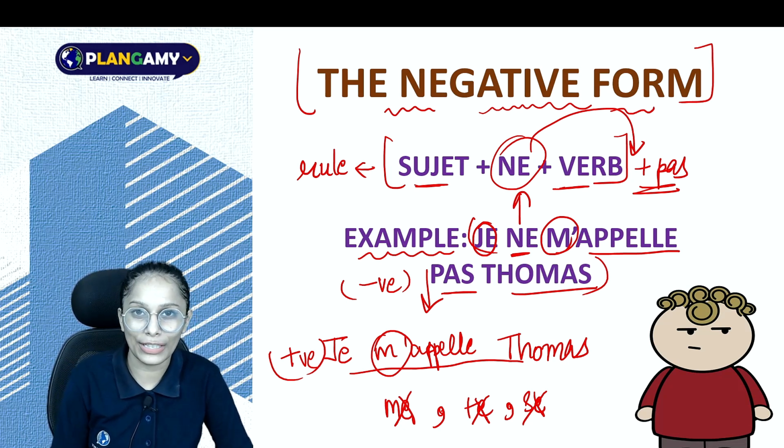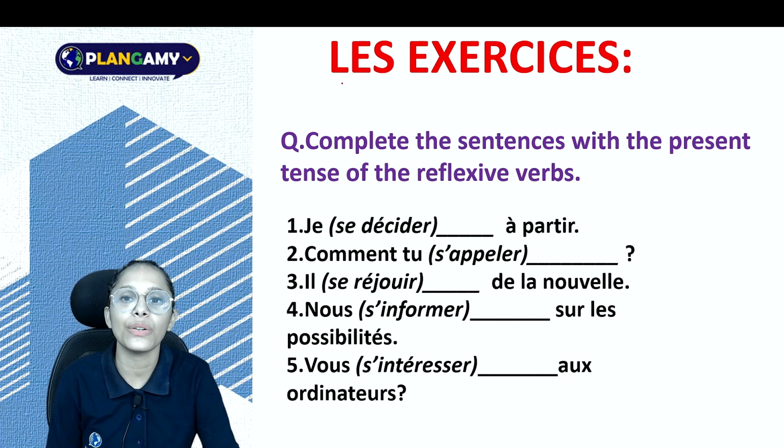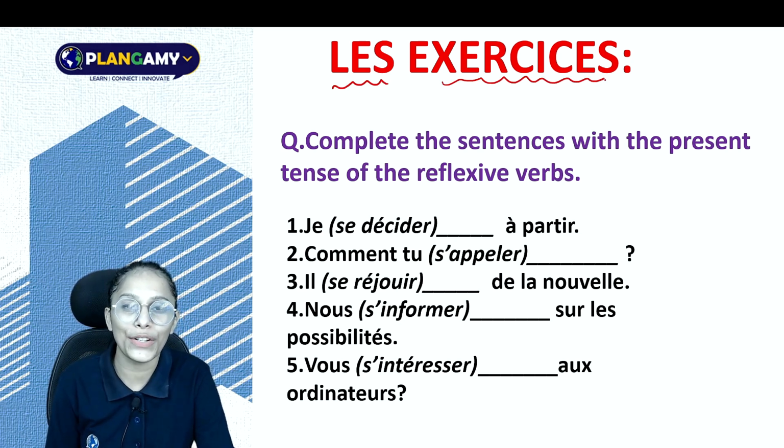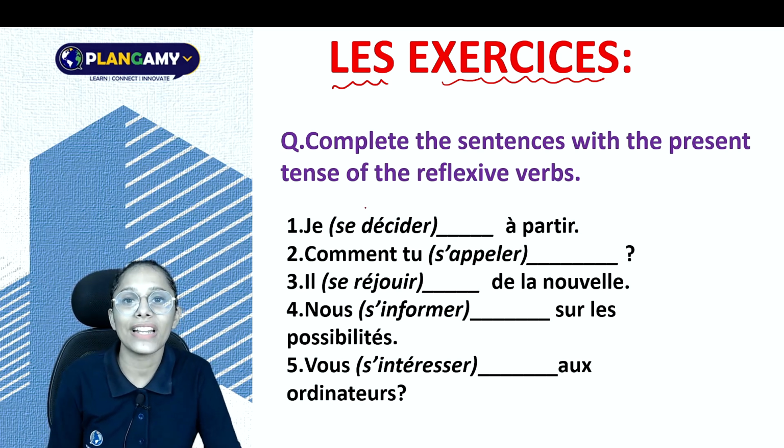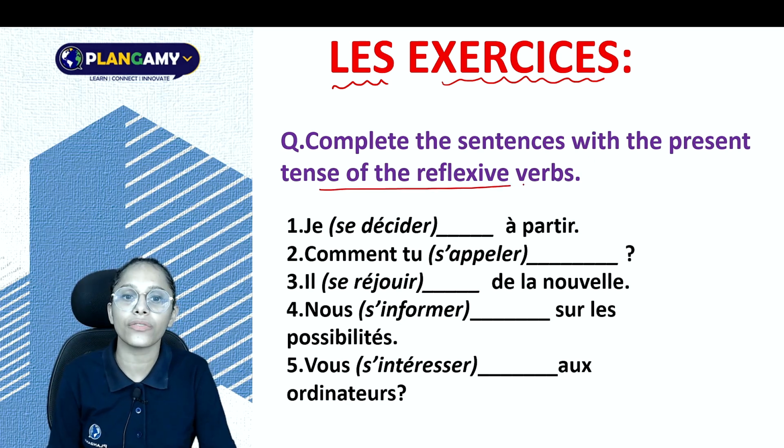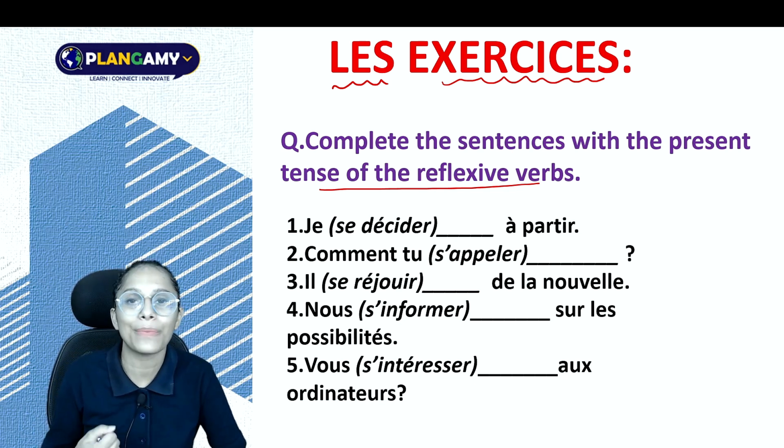Let's move further. So, here we come to the exercises. Here it is, les exercices. Now let us try to read the question. It says, complete the sentences with the present tense of the reflexive verb. Remember, at this level, we will only learn how to conjugate les verbes pronominaux in the present tense.